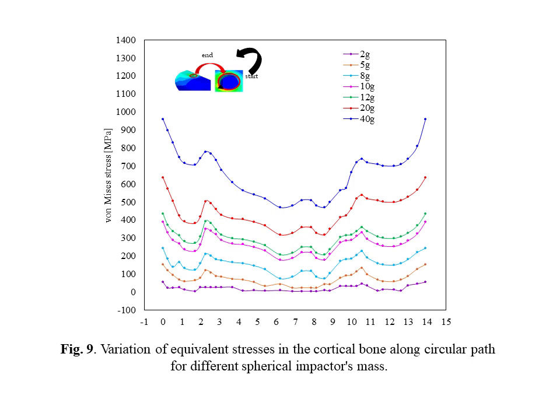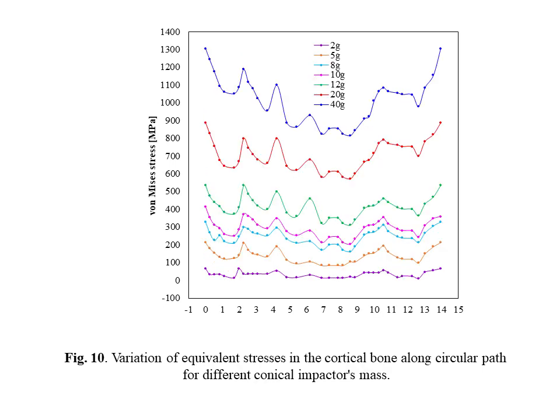Figure 10 depicts variation of equivalent stress in the cortical bone along the circular path for different conical impactor masses.